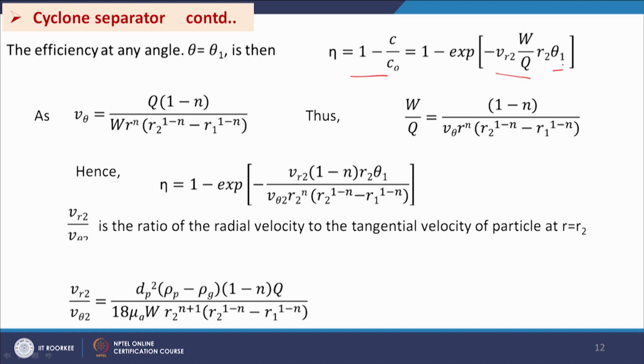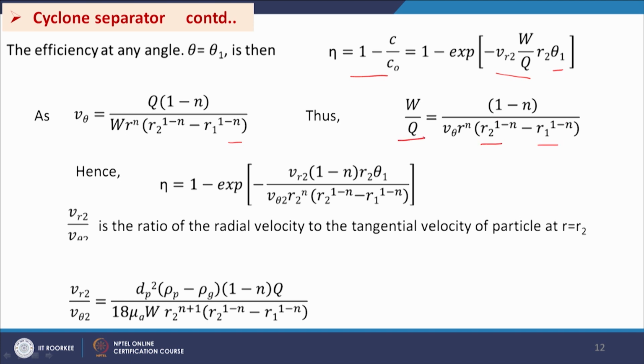So, 1 minus exponential minus V r 2 W by Q into r 2 theta 1, for this theta 1 value we are getting. Now, then V theta is equal to Q into 1 minus n divided by W into r 2 to the power 1 minus n minus r 1 to the power 1 minus n. So, then we can calculate that W by Q is equal to 1 minus n divided by V theta into r to the power n into r 2 to the power 1 minus n minus r 1 to the power 1 minus n.